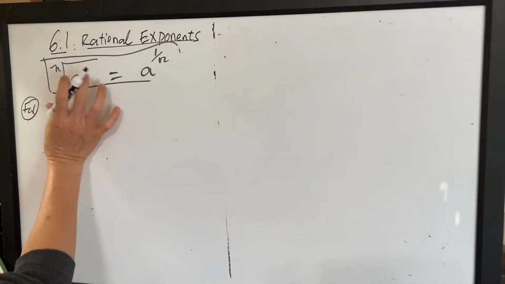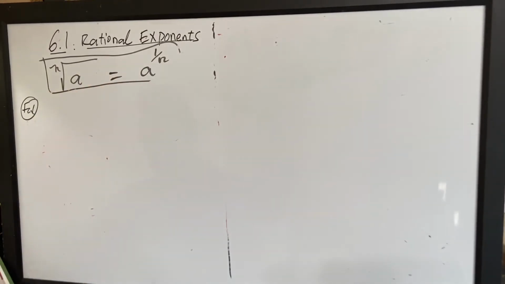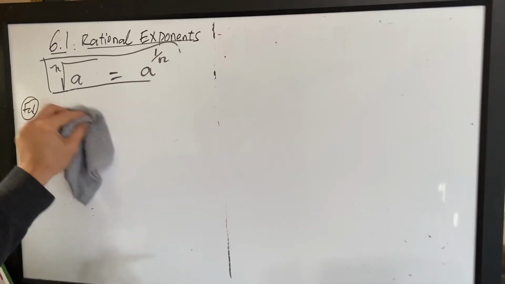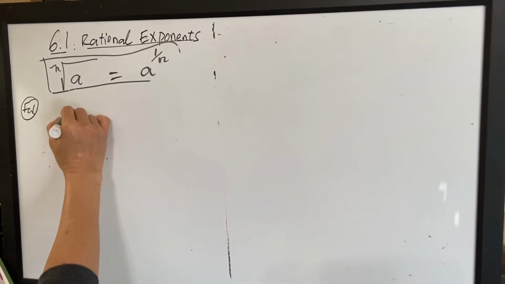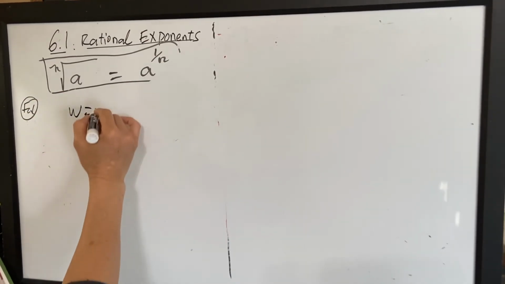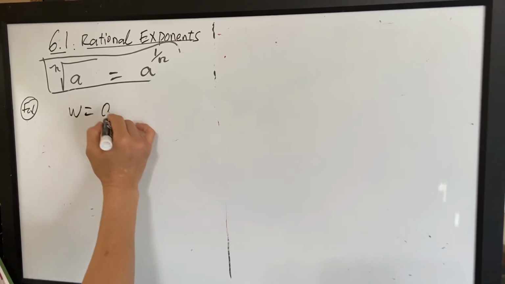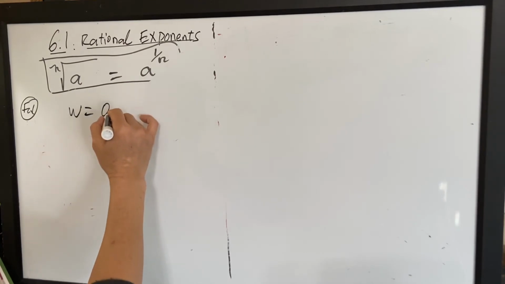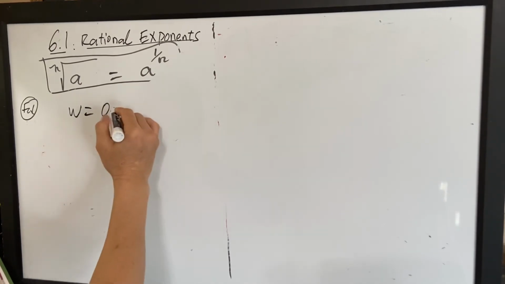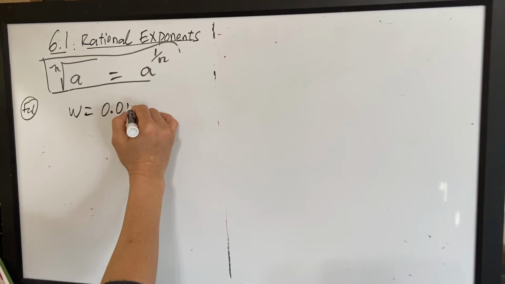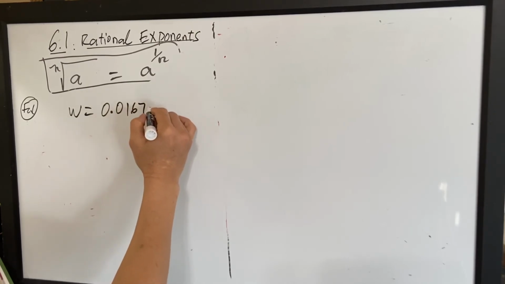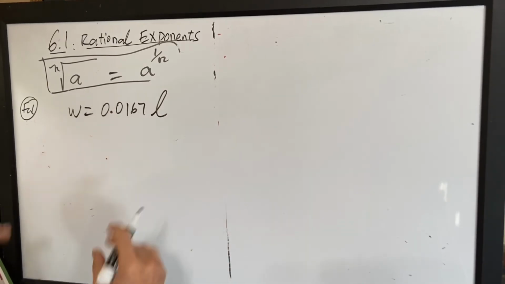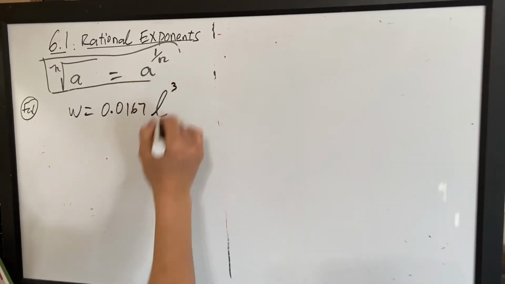We know that for some type of fish in, let's say, the Philippines, there is a relationship between the weight and its length in this way. W stands for the weight of the fish, and the constant here is 0.167, and then the length, that's the length of Nemo, the fish, to the third power.